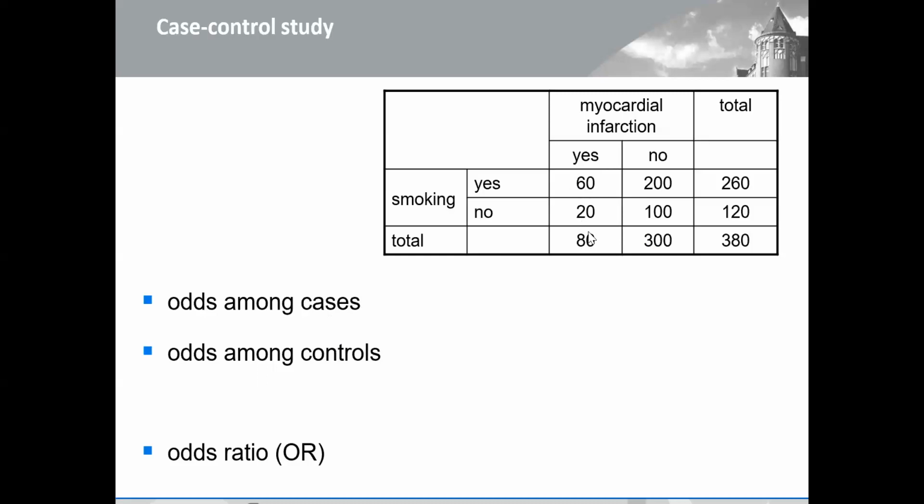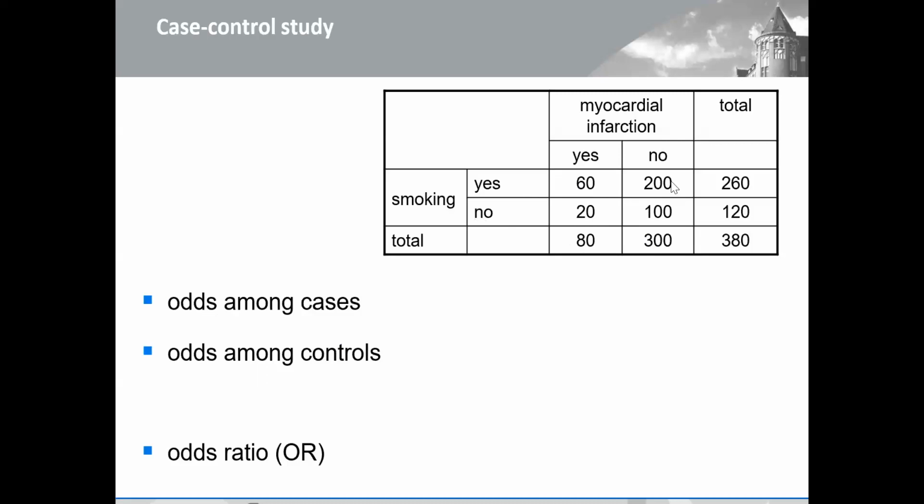Our total cases are 80. Of these, the cases exposed are 60 and cases not exposed are 20. So the proportion is 60 over 80 divided by 20 over 80, and we get the odds among cases.